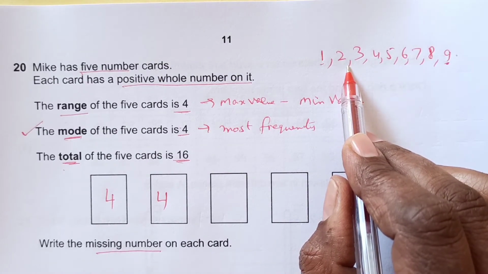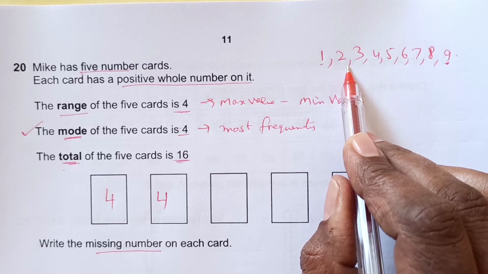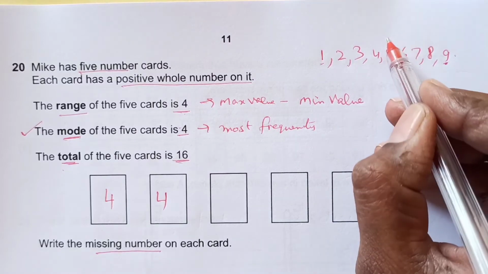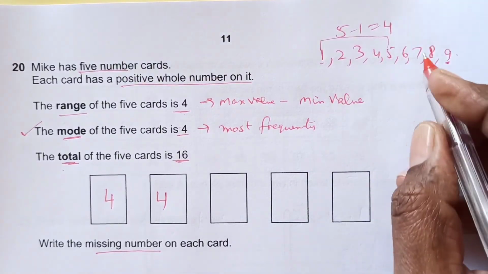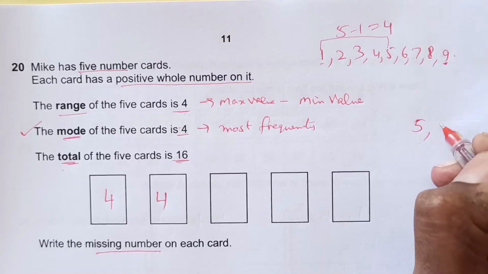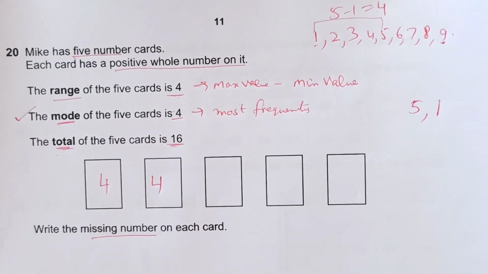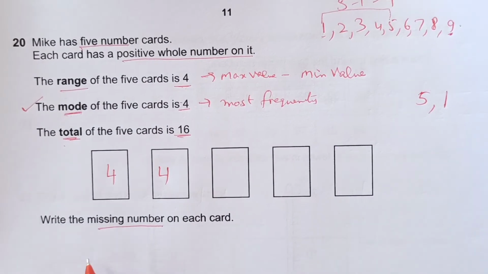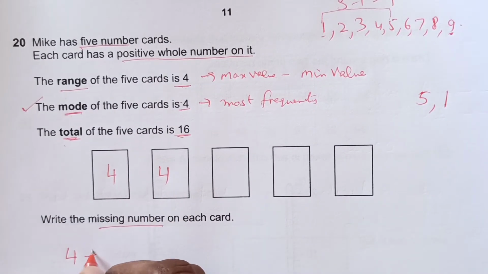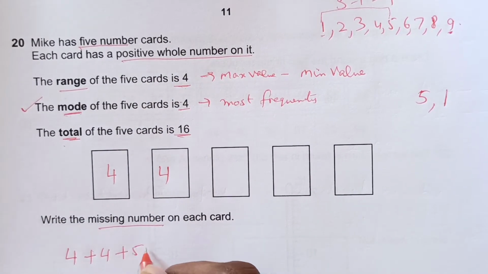But we can have, let's say, 5 and 1: 5 minus 1 is 4. We cannot confirm it right now, but maybe with 5 and 1 we have a range of 4. We can just check 4 plus 4 plus 5 plus 1.